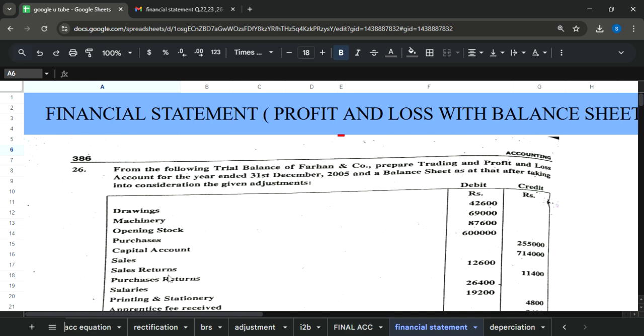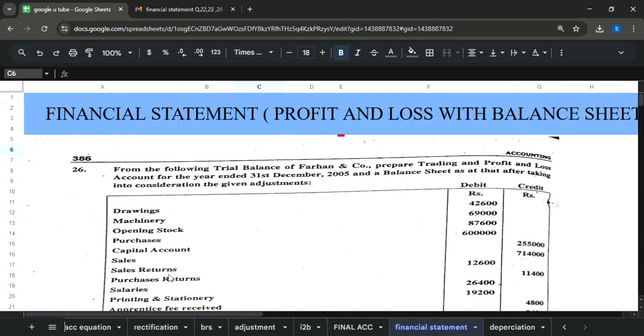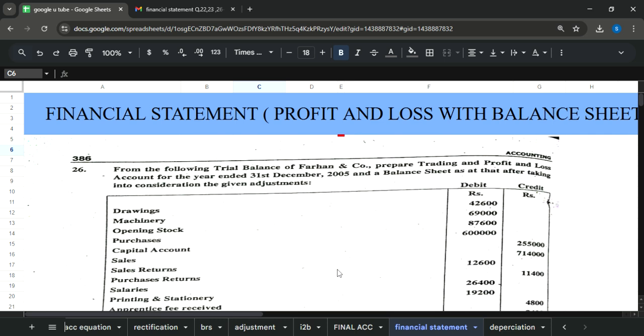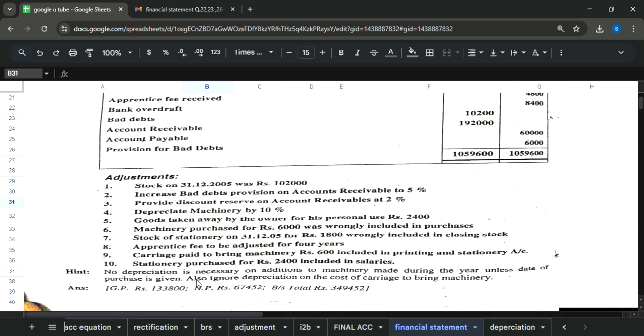After sales we have returns, less return, the amount of sales return 12,600. Then we have purchase return, the amount of purchase return 11,400. Its space was also reserved.